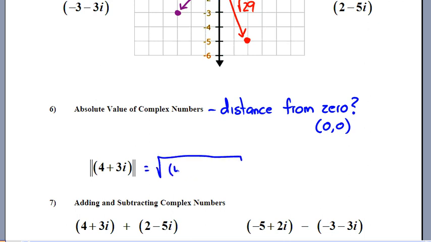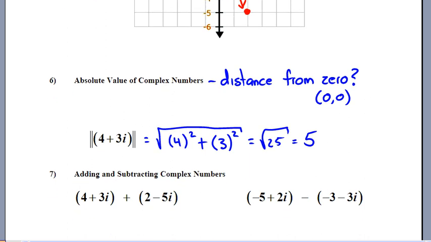We're going to go 4 squared. We're not going to put the i in there. We're just going to say, well, it was 3 up along the i direction. And so this is that classic 16 and 9 makes a 25. So this works out really well. This is just a nice, beautiful 5. So the size of that complex number is just a nice, clean 5.